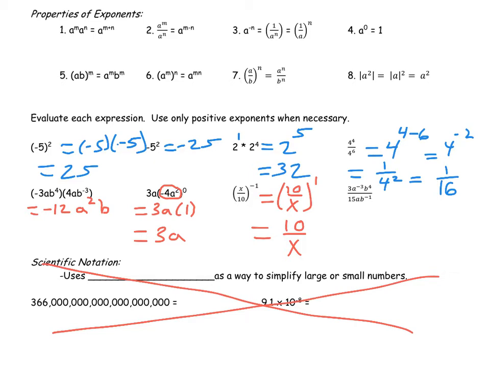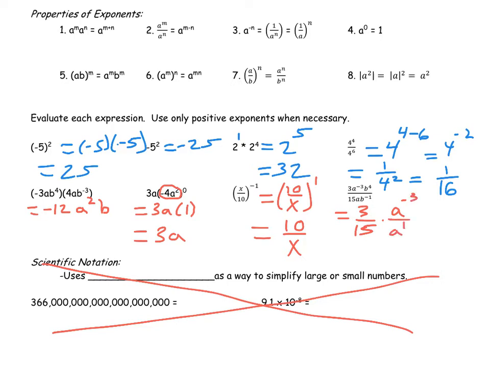Same thing here. I'm taking this one at a time. The constants would be 3 over 15. Now I work on the a's. This would be split up as a to the -3rd over a to the 1st.